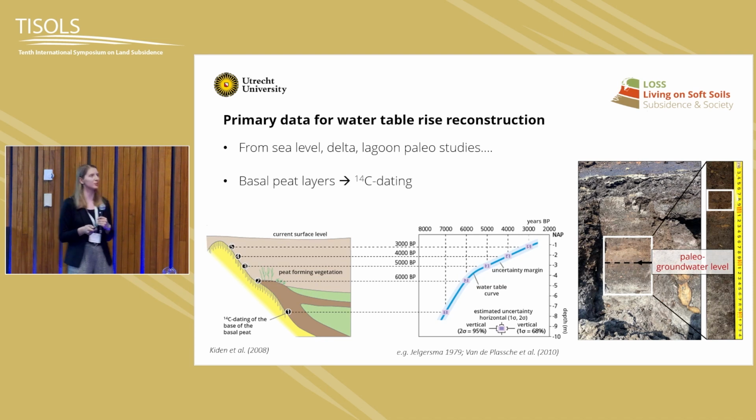That's why we try to use this basal peat, because it's on top of the Pleistocene surface, and we assume that it's somewhat stable, that there's not too much compaction of the subsurface. But of course, there might still be some, so there is an uncertainty in that as well. Thank you.